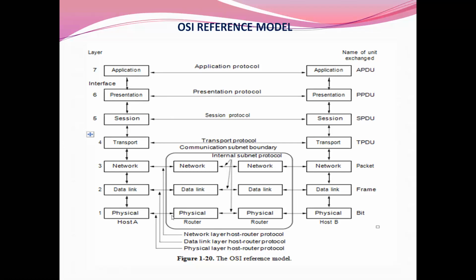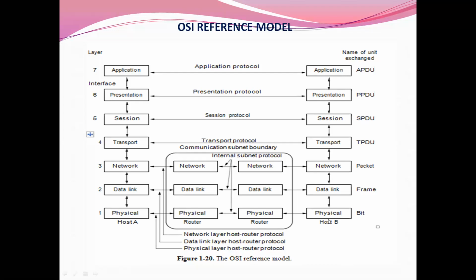Finally, when it reaches the physical layer, the data consists of a header as well as a trailer. The data along with the header and trailer is known as encapsulation. This data passes through the physical medium and reaches host B. When it reaches the physical layer in host B, the header and trailer are eliminated.